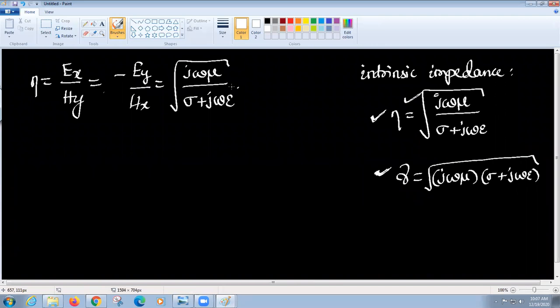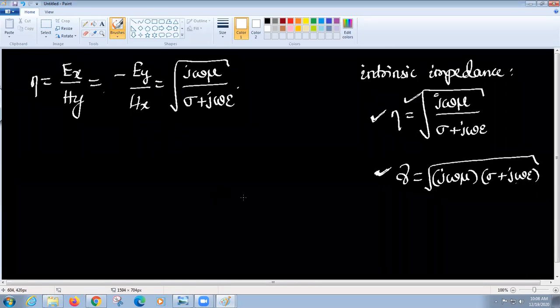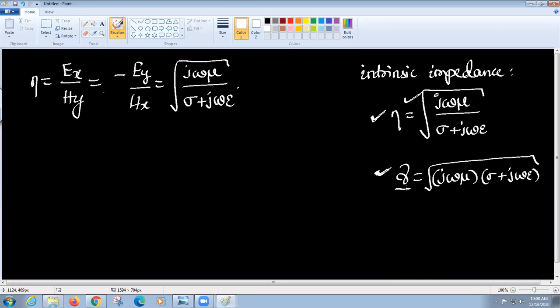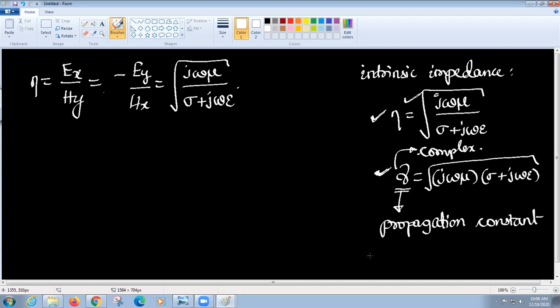Now, also you have gamma is equal to square root of j omega mu times sigma plus j omega epsilon. So what is gamma here? Gamma is the propagation constant, and gamma is generally complex. Therefore I can write gamma is equal to alpha plus j beta.